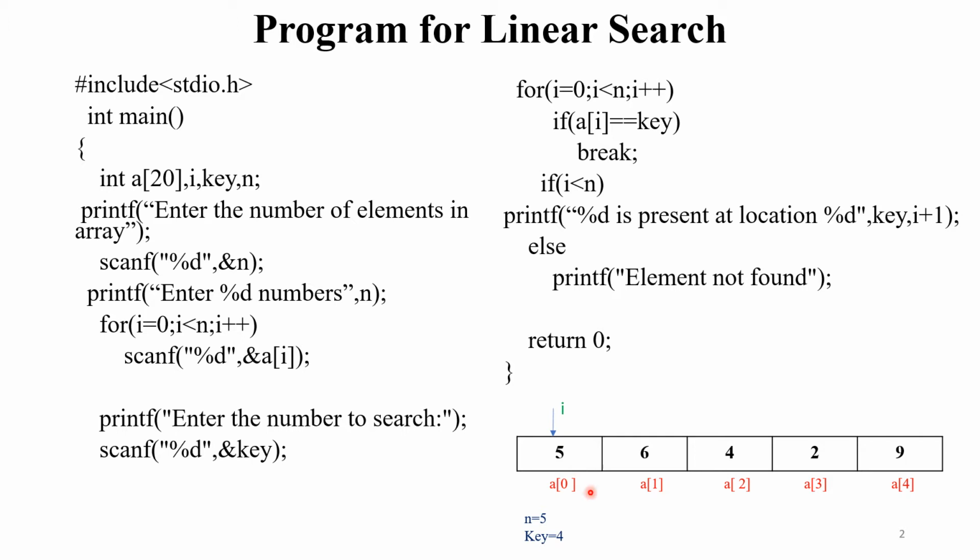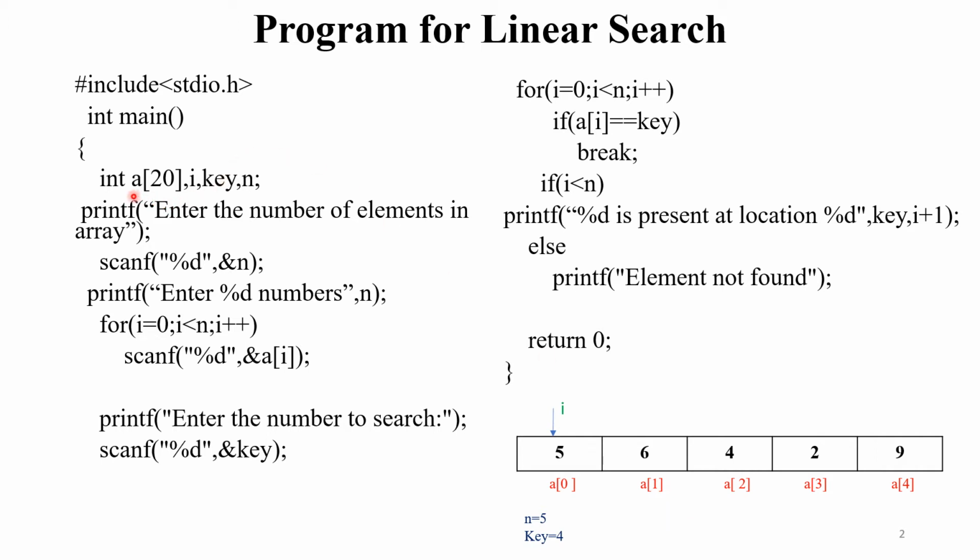This condition is false. Then i is incremented by 1 and we shift to the next index. So here, is 6 equal to 4? This condition is also false. Then we move to the next index, that is 4. 4 is equal to 4. This condition is true. Then we stop our program and print element is found.